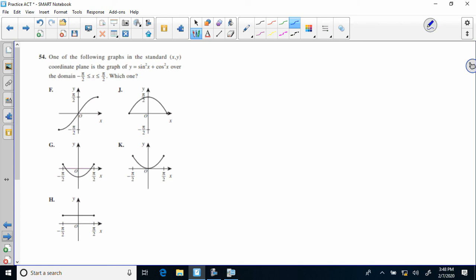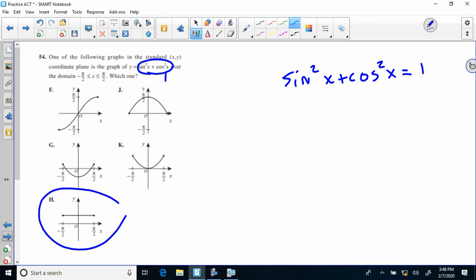If you remember your Pythagorean identities that you should know, sine squared of x plus cosine squared of x is a Pythagorean identity that equals 1. So you're just finding a line that says y equals 1, and that's H. That's a line at 1.